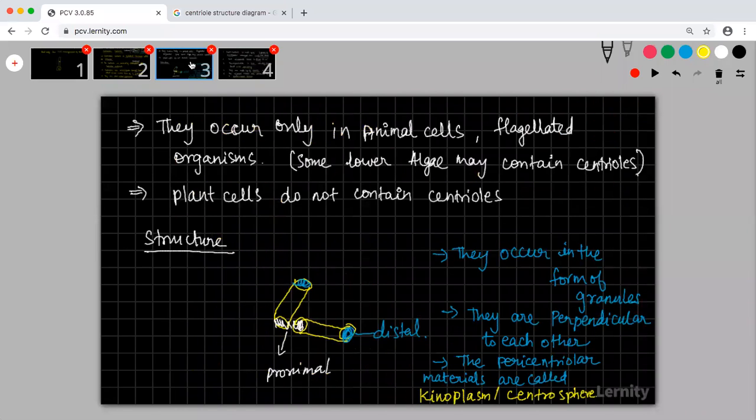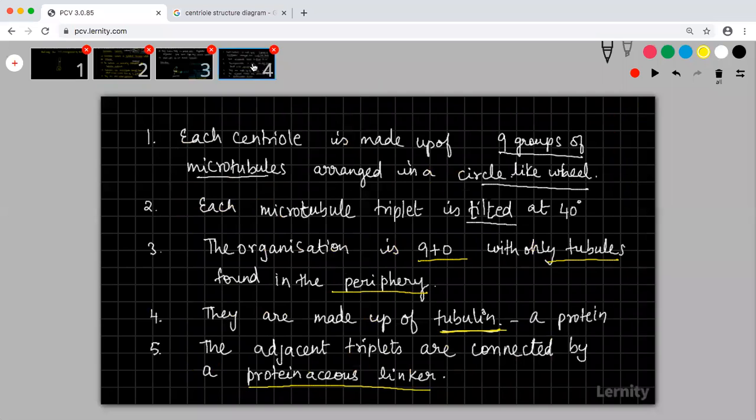Second, third, fourth. There is nothing called as a proteinaceous.